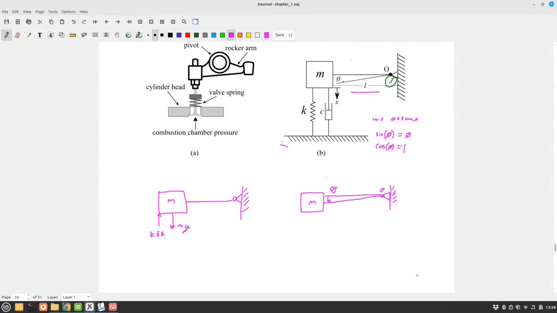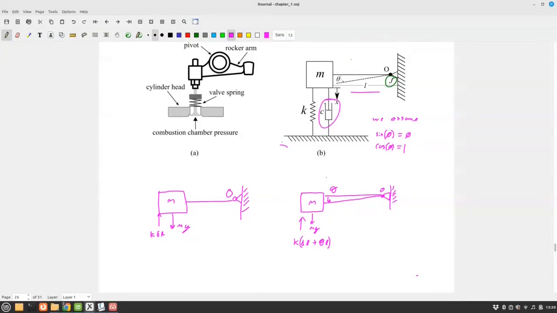And again, it's going to pivot around O. Just label that O. Now I have a force acting up from my spring, which is going to be K times delta L, which I had from my equilibrium place, plus whatever I deflected, theta L. And I'm going to have mg acting down.